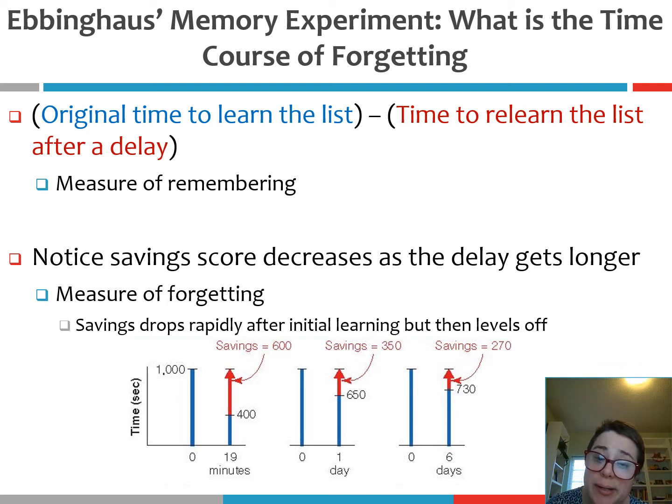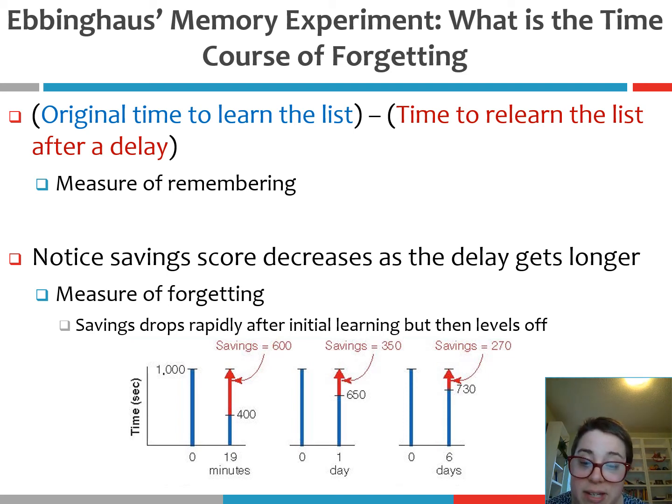But what he noticed is that as the delay, or the time between the first learning episode and the subsequent learning episode, increased, his savings score decreased, right? So as the delay got longer, the savings got smaller, basically, right?